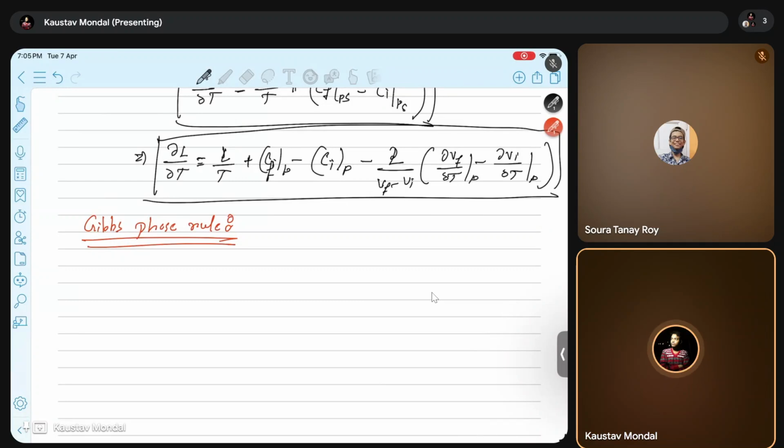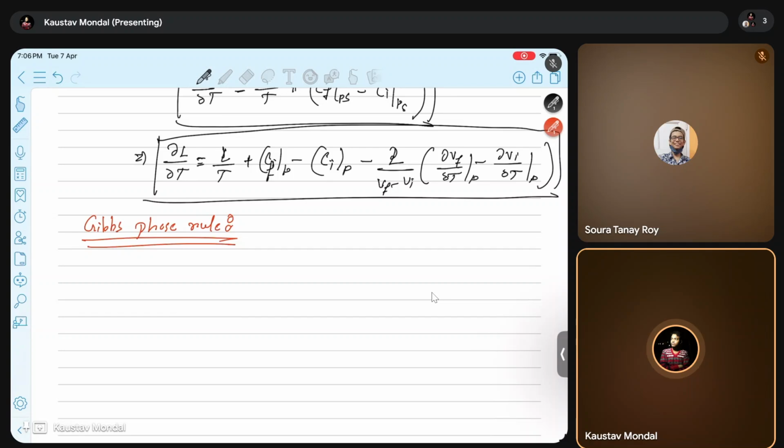The rule is very simple. Initially we discussed one component systems and two component systems. For a one component system, three kinds of phases are possible: vapor, liquid, and solid. So instead of one component, let's suppose C components, and for that system, P numbers of phases are possible.